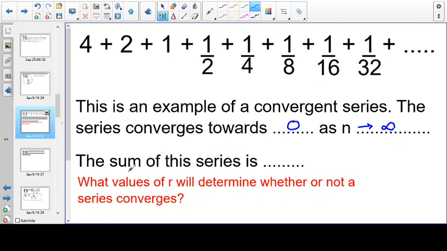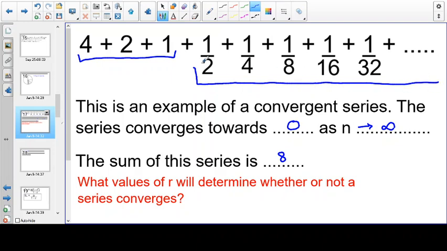In this case, we can see that the sum of this series is 8, because those three add up to 7, and then I've just shown you from my previous diagram that a half downwards is going to add up to 1. So all of that is 1 plus those 7, which is 8. So that series to infinity adds up to 8.